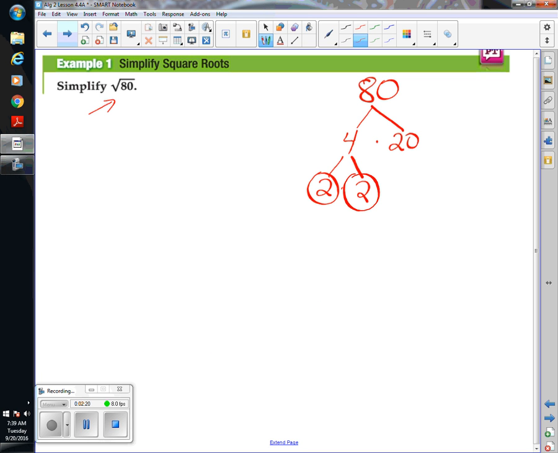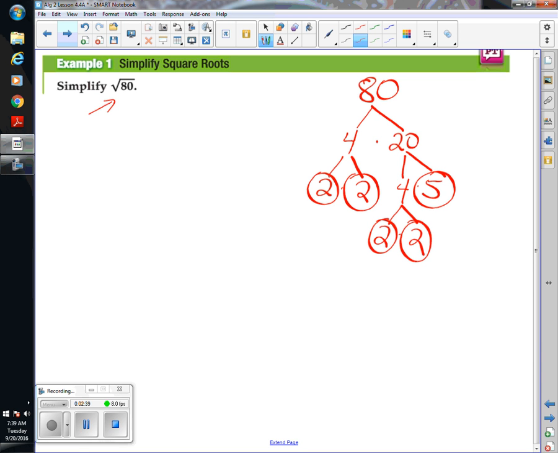Now let's do the same with 20. We're done with the 4s. Let's jump to 20. Okay, 20, I always think 4 times 5. Now, 4 is not a prime number, so we'll break that apart into 2 times 2, which are prime numbers, and 5 is a prime number.